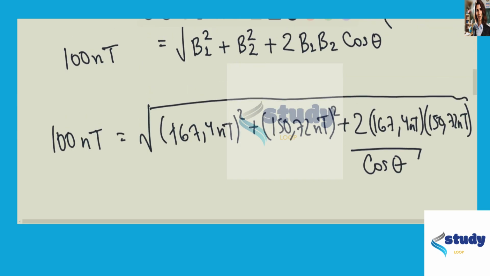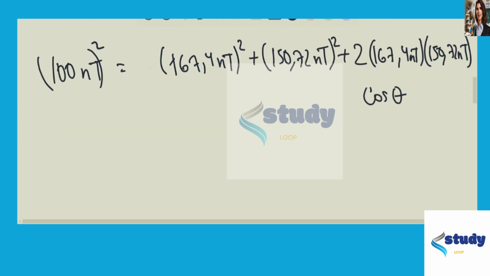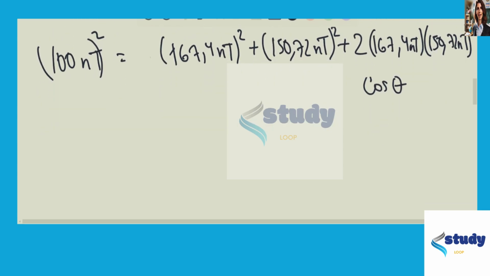To get rid of the square root, we can square both sides, and then we simply need to solve for theta. So we will have something like this.